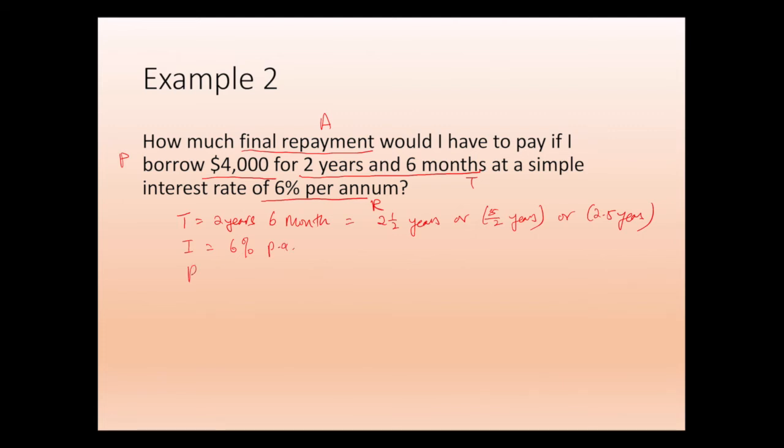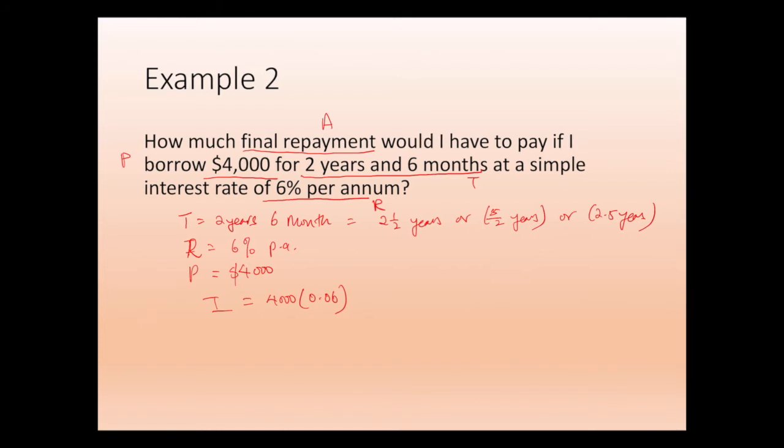Doesn't matter which one you use. And now, interest rate is 6% per annum, and principal is $4,000. Therefore, I equals 4,000 times 0.06, that's R, and T is 2.5, which means it is $600.